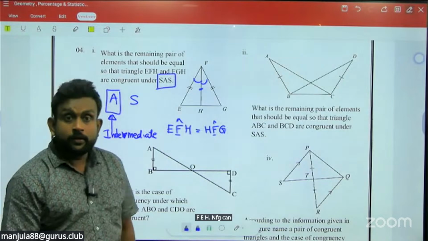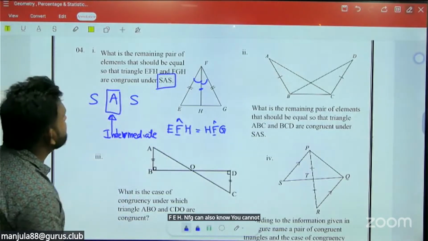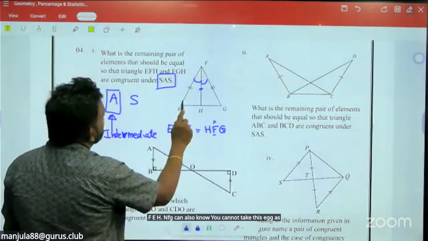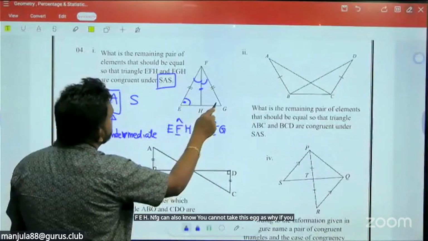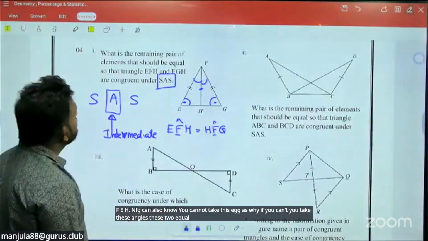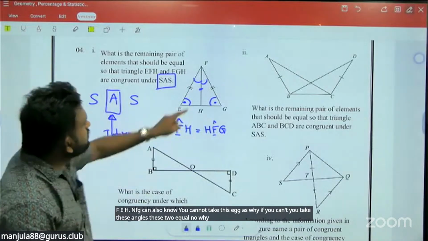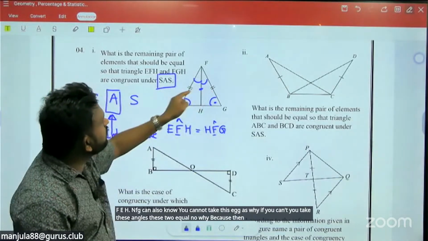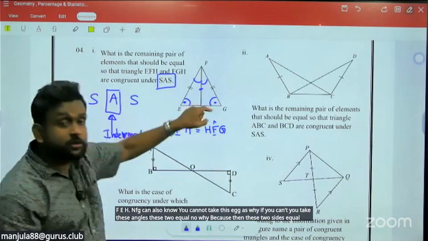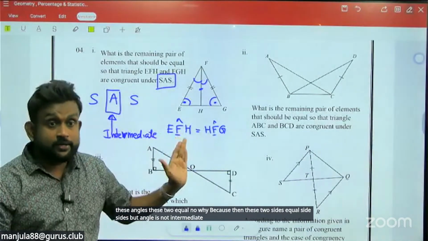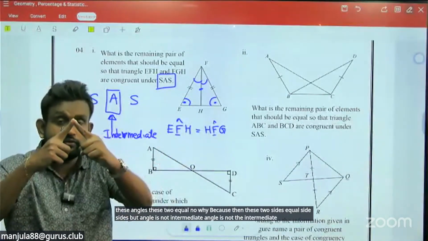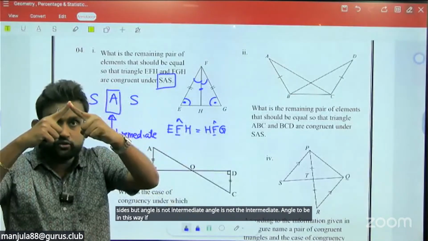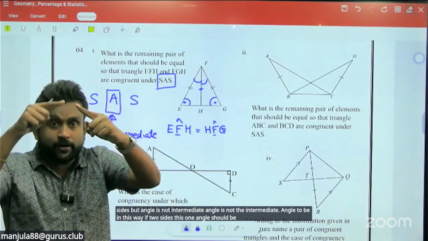No, you cannot take these angles. Why? If you take these angles, these two equal, then these two sides are equal, but the angle is not intermediate. The angle should be in this way. If there are two sides, the angle should be between those two sides, the middle one.